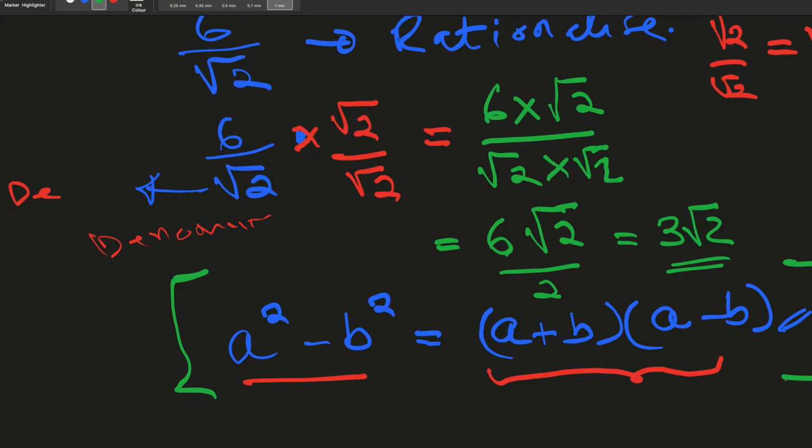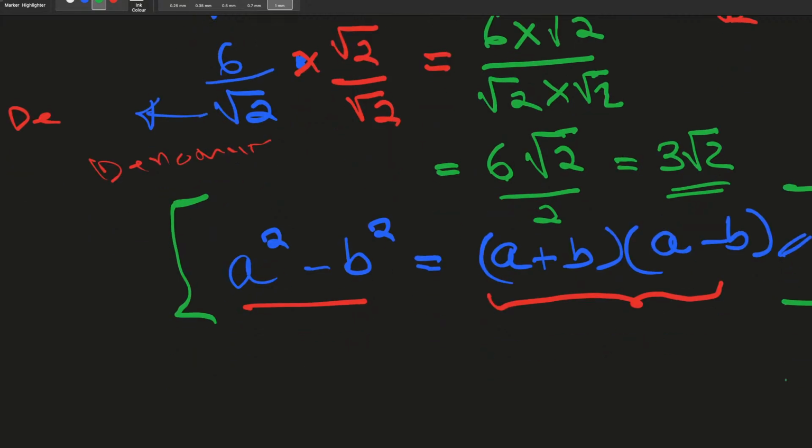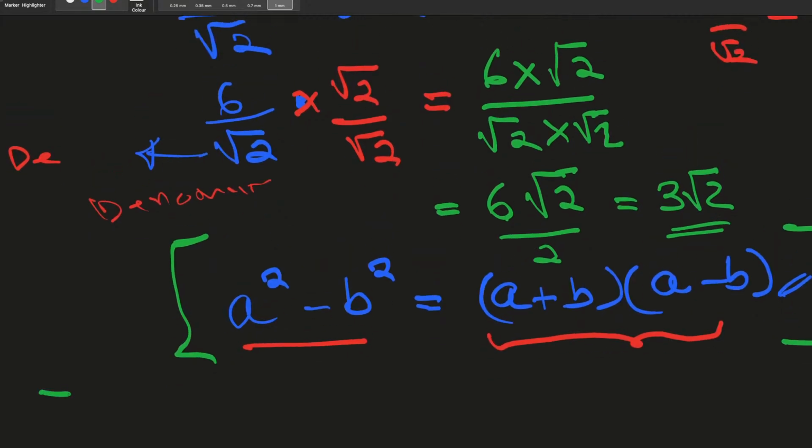Okay, so rationalization, as we saw, is not anything so strange that we're supposed to be scared of. For instance, if I have a question like this, simplify root a squared minus root b squared.